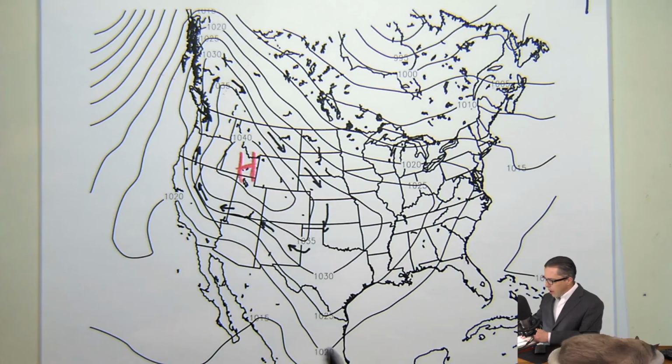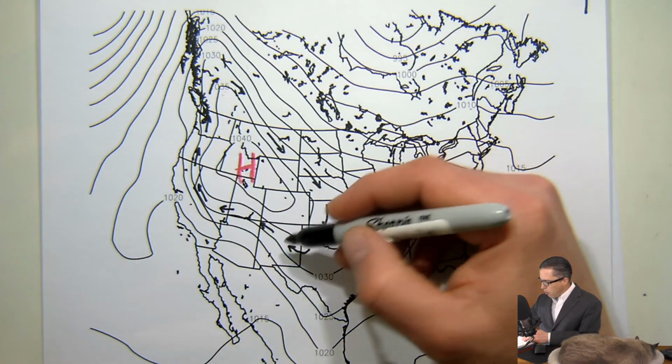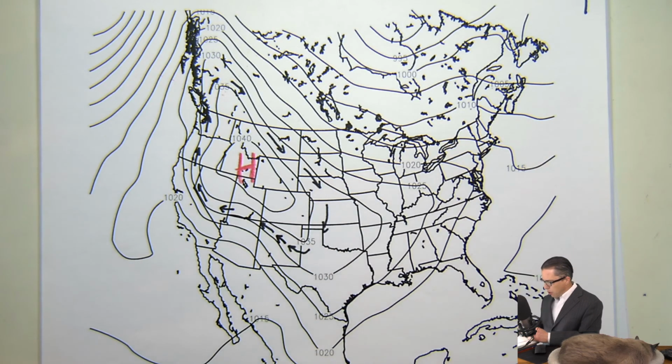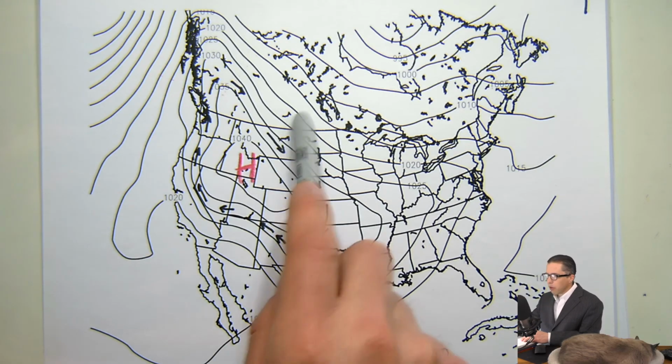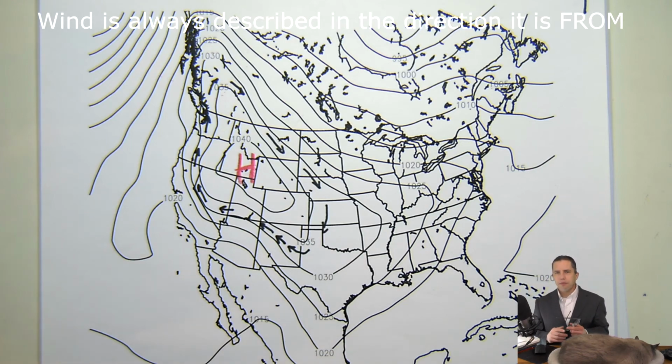So if I asked you, let's say in Albuquerque, what's the wind doing? Well, right here, if you drew an arrow, the wind is coming from the southeast and is traveling to the northwest. So here's a convention with wind. Wind is always described in the direction it's coming from. If I have a north wind, that means it's coming from the north.